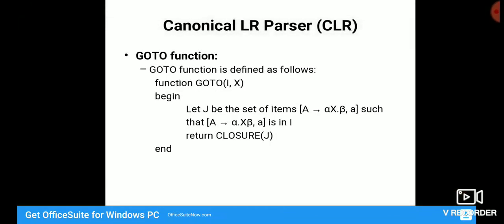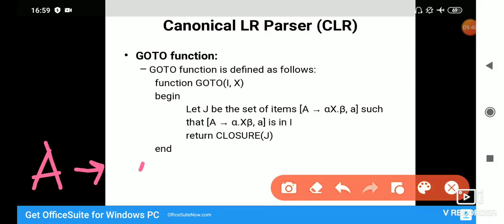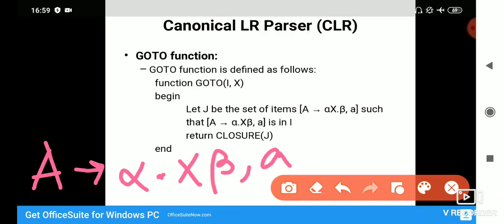Similarly, goto will also be performed. The goto is also very simple. We will take, let's say, the item A to alpha dot X beta comma a, and this item is in I. How is the goto performed?